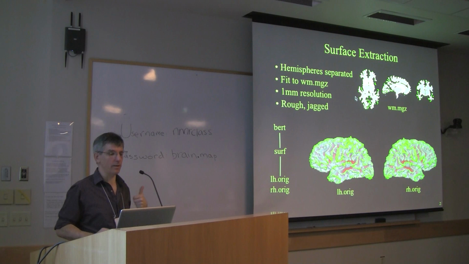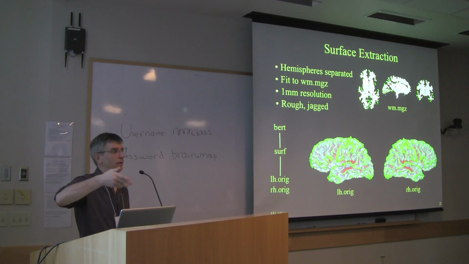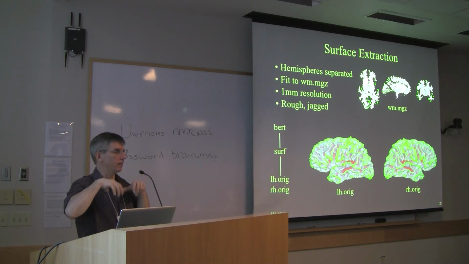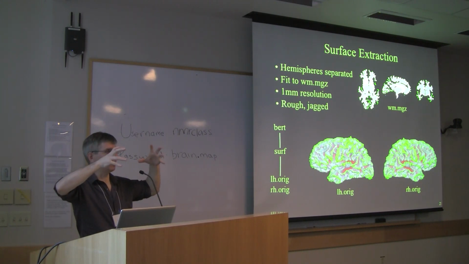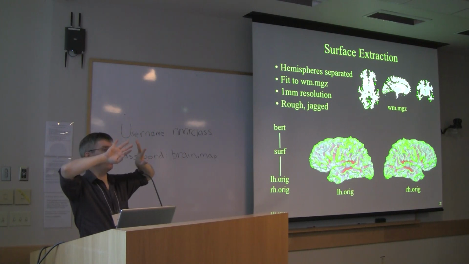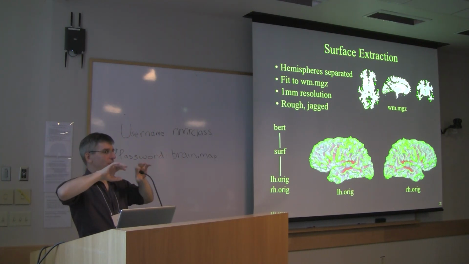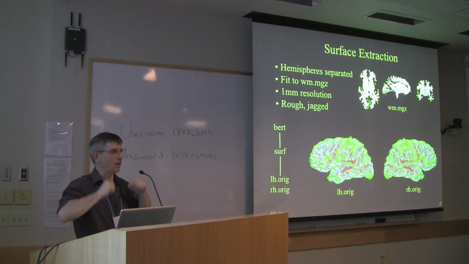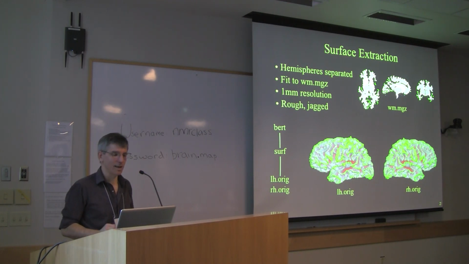So immediately after this is surface extraction. The way the surfaces are going to be built is that we take this wm.mgz file and we'll essentially glue the surface around it. If you think of maybe taking this subcortical mass and dipping it in chocolate and bringing it out, it would be completely covered by chocolate, which would then harden around it and be very delicious.